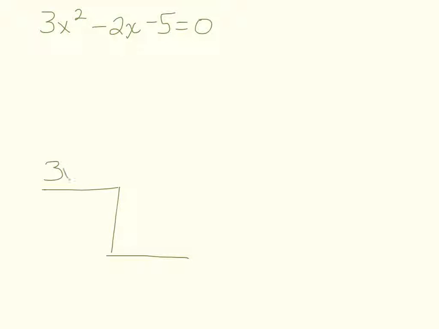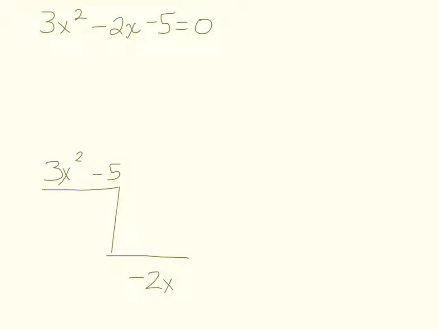Alright, so we have 3x squared minus 2x minus 5 equals 0. Let's try to factor this, and I'm going to be using the z box to factor. So I have 3x squared and negative 5 on top, and negative 2x on the bottom.